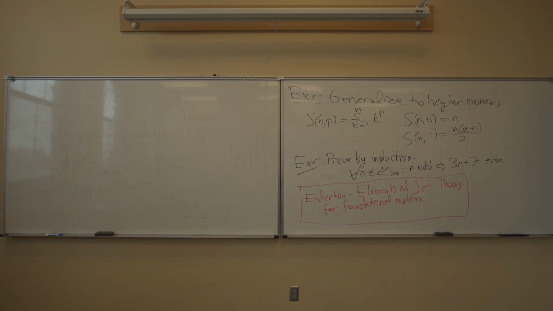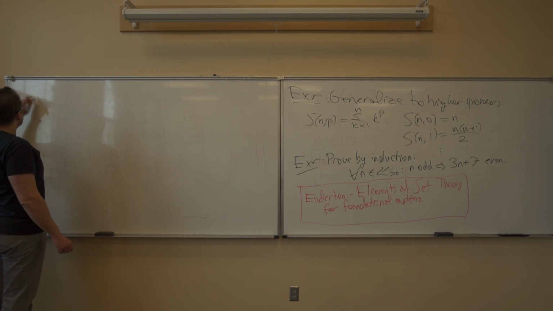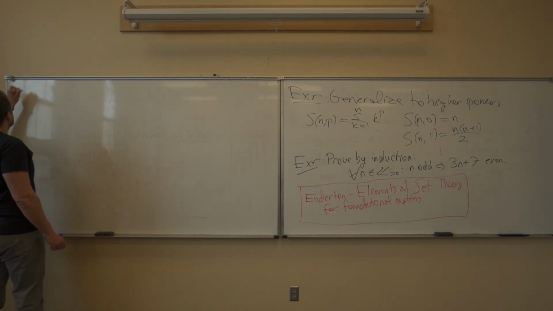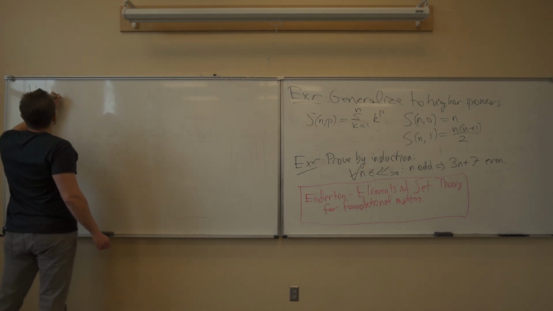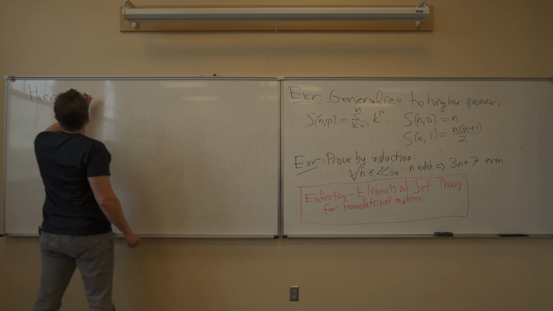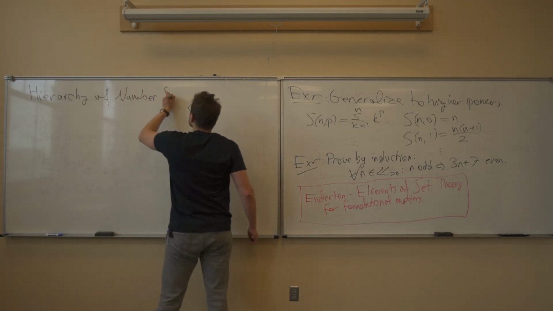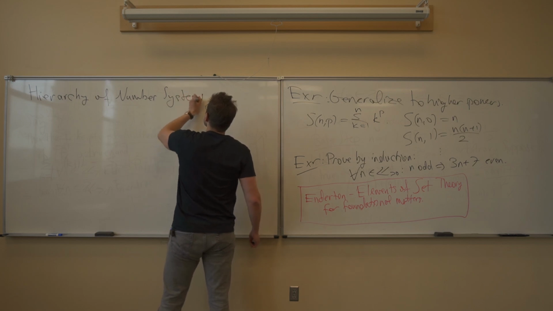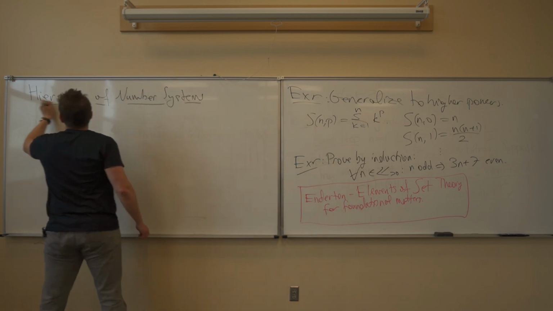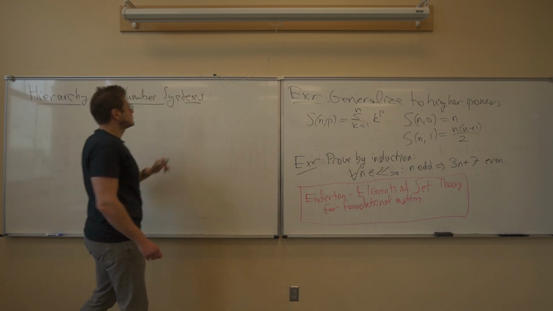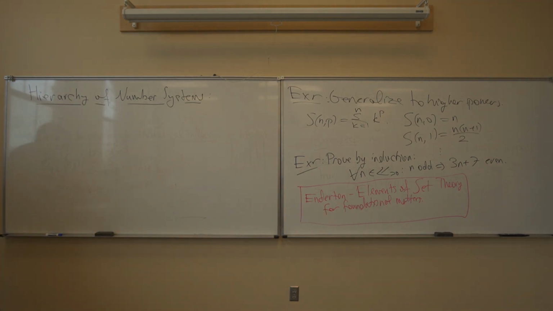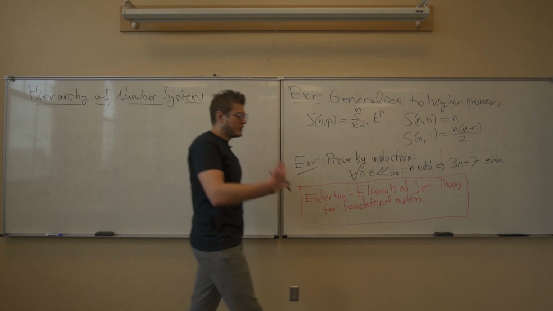So let me mention a couple of things about these number systems. So we have, let's say, a hierarchy of number systems. When it comes to a number system, it's not just a set, like we discussed last week, but there are certain operations.